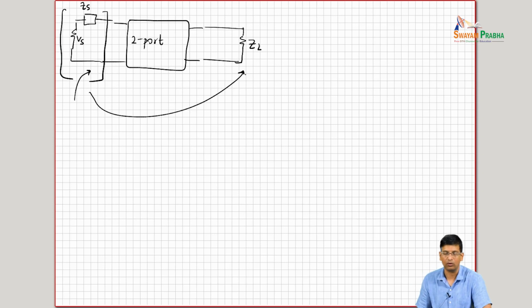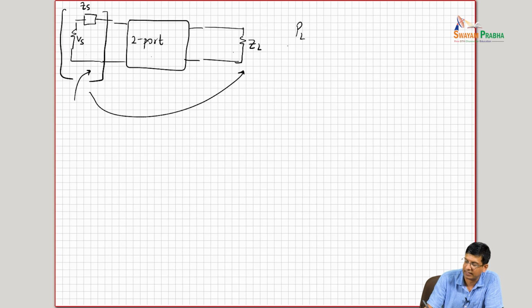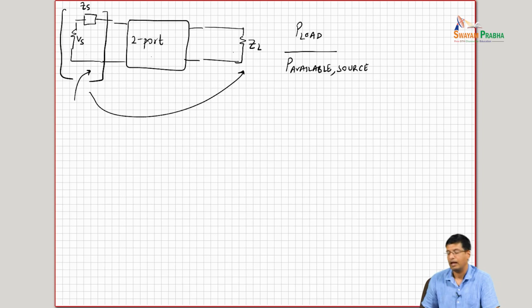I know that if I directly connect the source to the load, I will get some power transfer, which we just computed. But I'm hoping that by inserting this 2-port in the middle, I can amplify this power transfer. So I apply this metric: what is the power that I am able to dissipate in my load divided by the power that is available from the source?